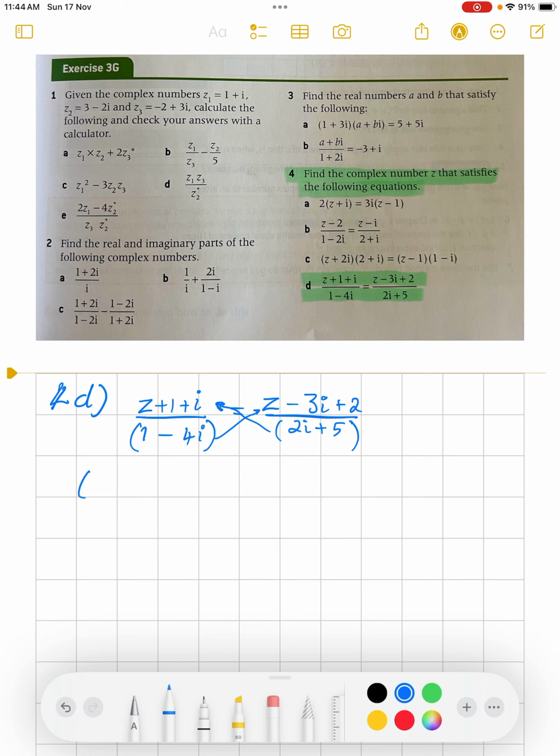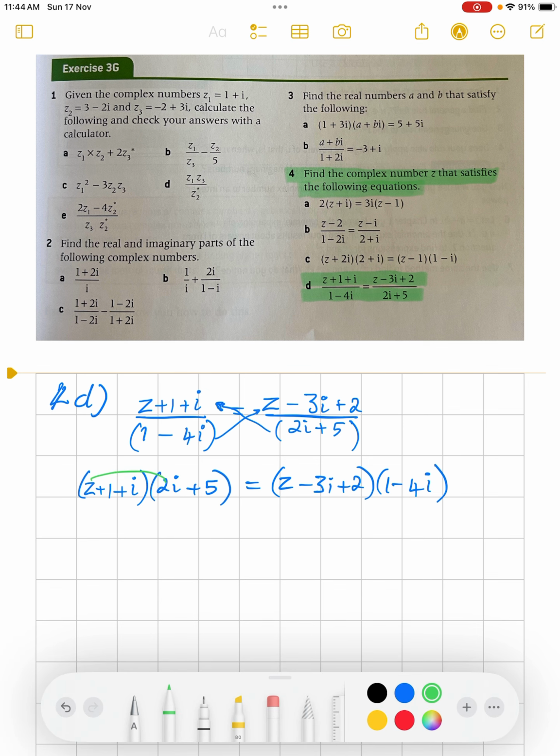So let's start with z plus 1 plus i and multiply that by 2i plus 5. And on the right we've got z minus 3i plus 2, and that's going to multiply with 1 minus 4i.